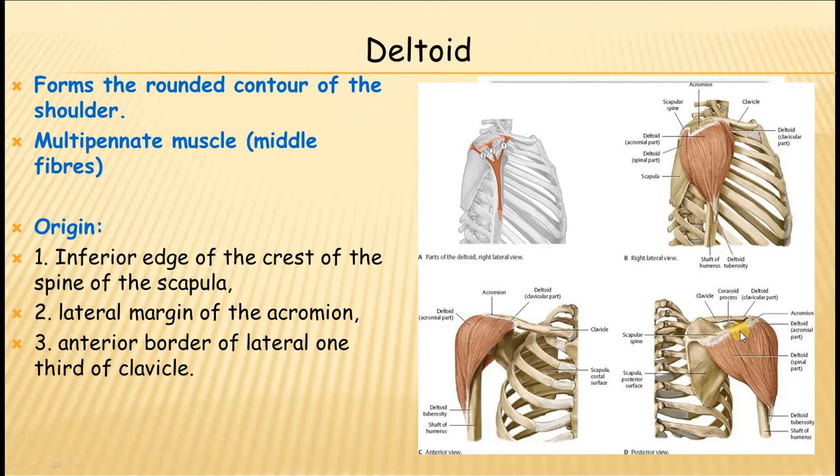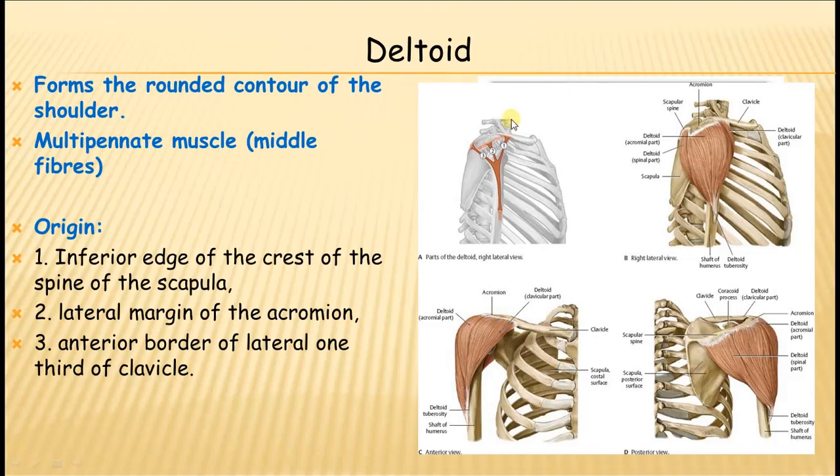So from the lateral border of the acromion, the middle fibers arise, and the anterior fibers you are able to see here arise from the anterior border of the lateral 1/3 of the clavicle. Okay, so it arises from the lower border of spine of scapula, lateral border of acromion, middle fibers, anterior fibers from the lateral half of the anterior surface of the clavicle.